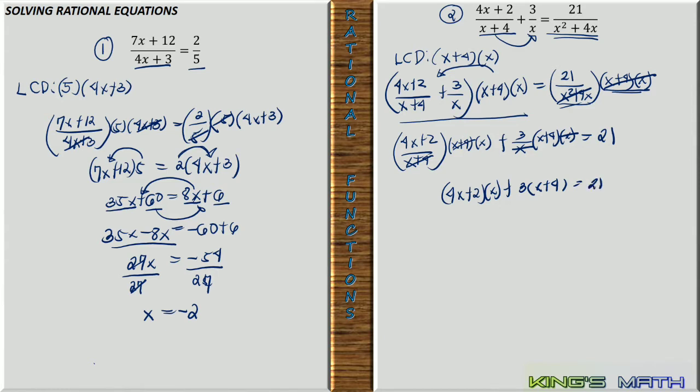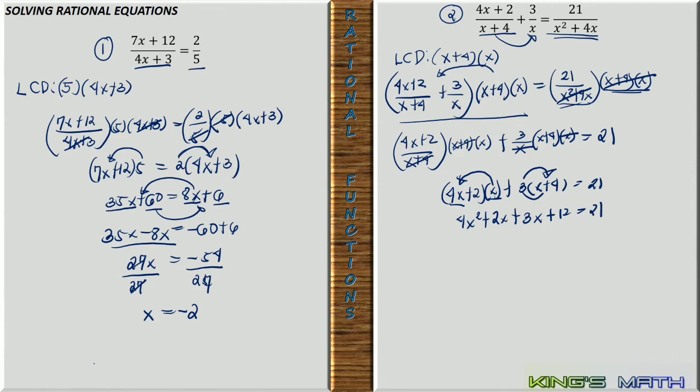Then we're going to simplify it further. We distribute this x to this. Here also, 4 times x is 4x squared, plus 2 times x is 2x, plus 3 times x is 3x, and then 3 times 4 is 12, equals 21.